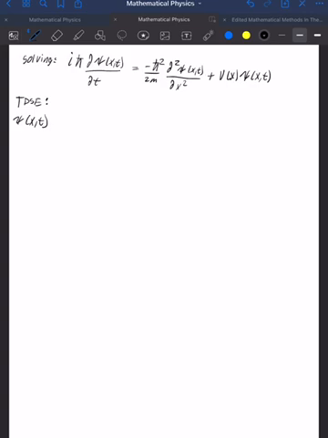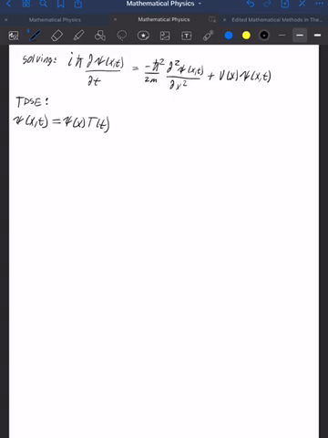So we're going to assume that psi of x, t is a product of a function of x and a function of t. And I'm actually going to let this equal psi of x times T of t. So psi of x, t is a product of psi of x and T of t.